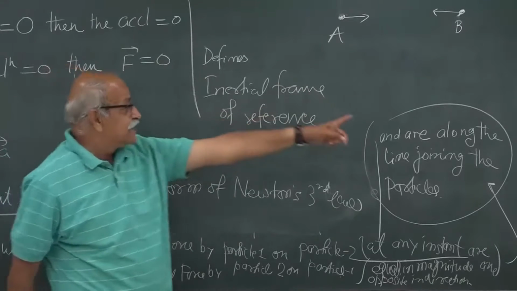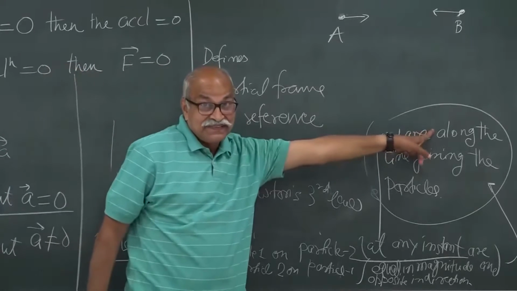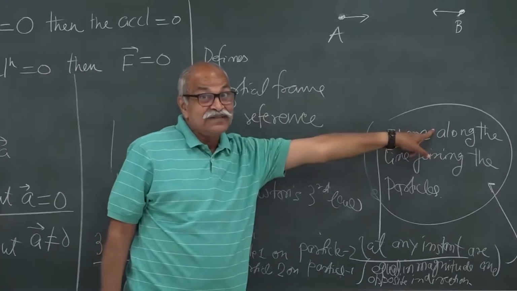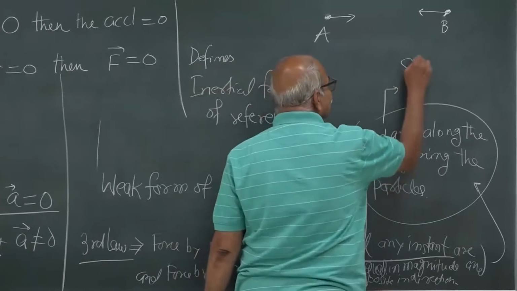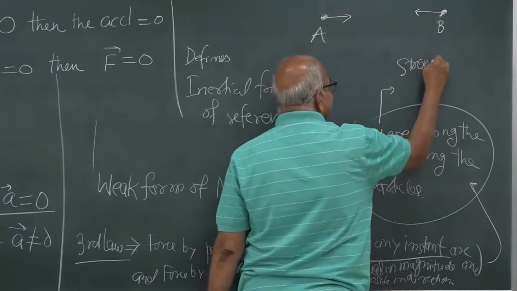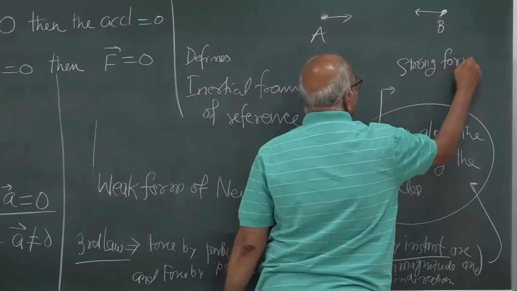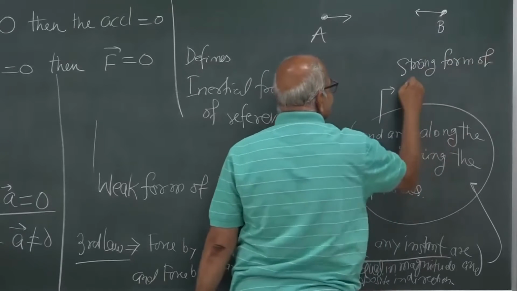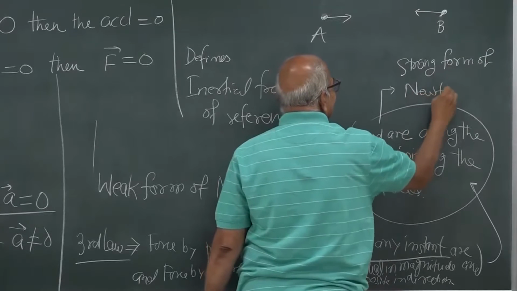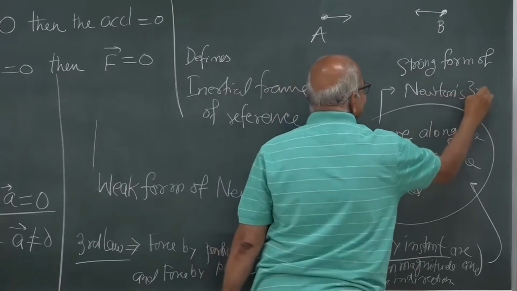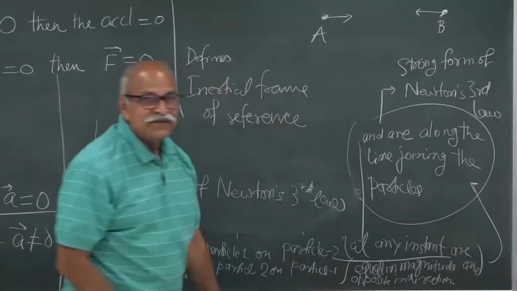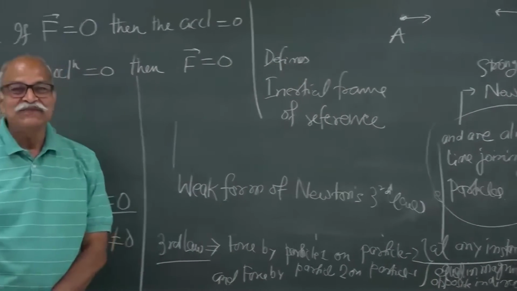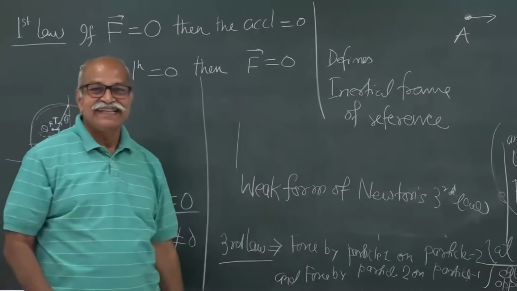And when you add this also, that the two forces are along the line joining the particles, this is sometimes called the strong form of Newton's third law. Okay, so we will stop here and we will talk further on forces in the next lecture.